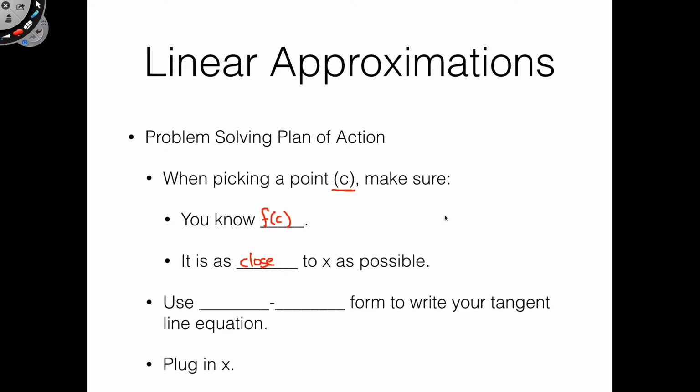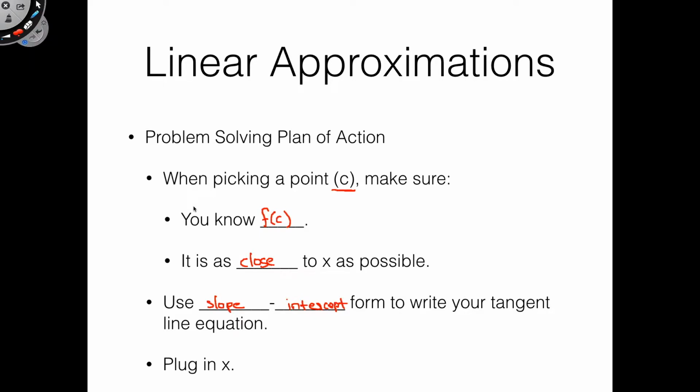Once you have all these, use slope intercept to write your tangent line equation. You'd use your derivative to calculate a slope, and then you'd use the point to calculate the intercept, and the other parts of the line equation. Then plug in x, and you have your answer. So this is basically what you would do.